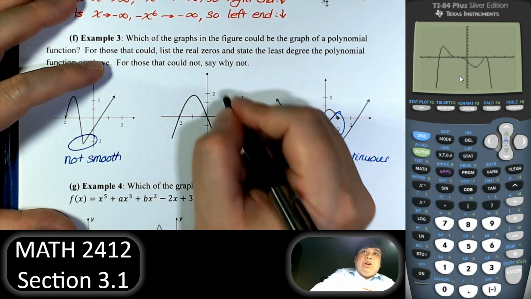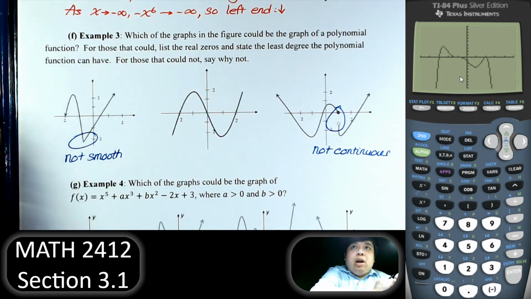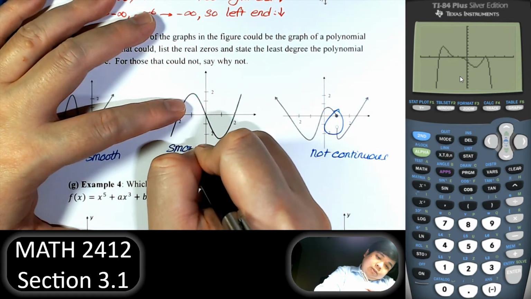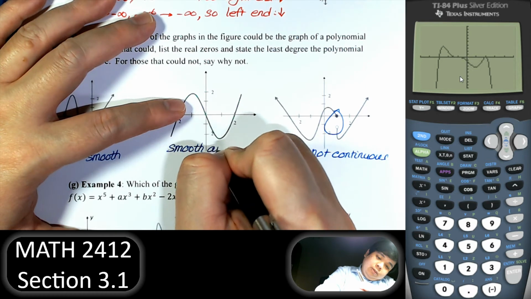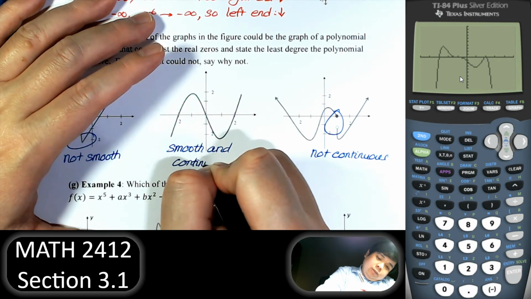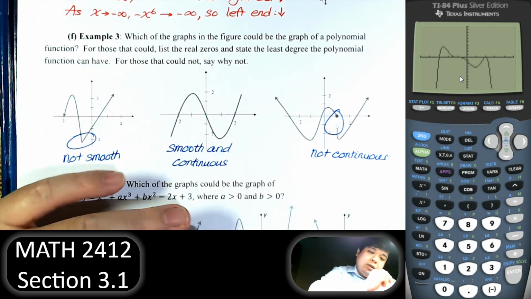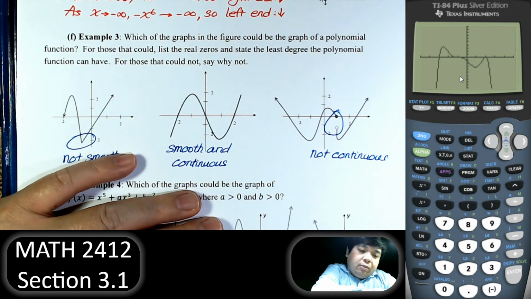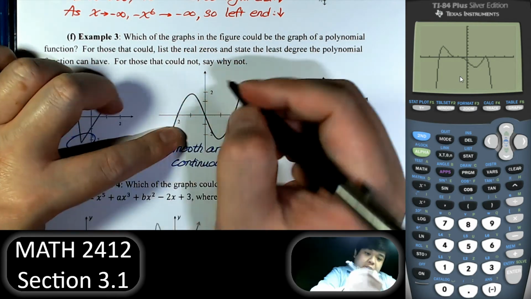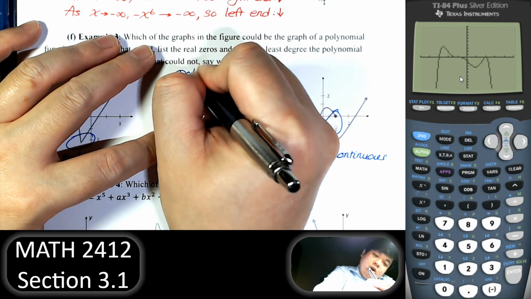So this is the only graph that is a polynomial, because that is both smooth and continuous. For this graph, that could be the graph of a polynomial, so potentially a polynomial here.